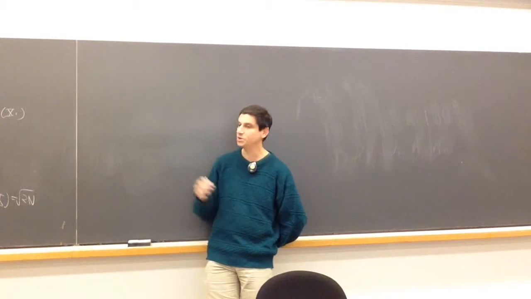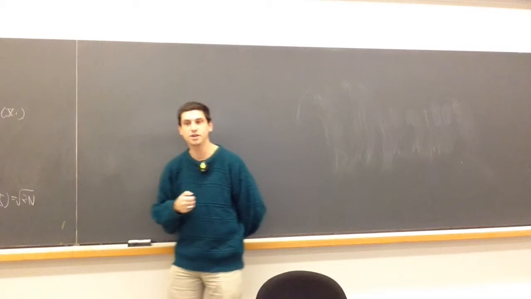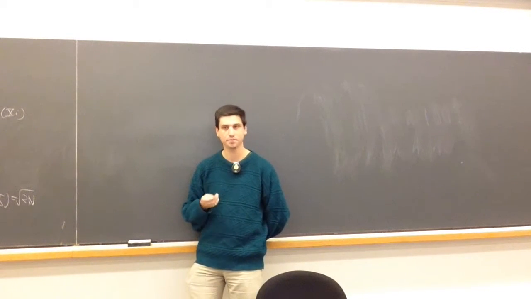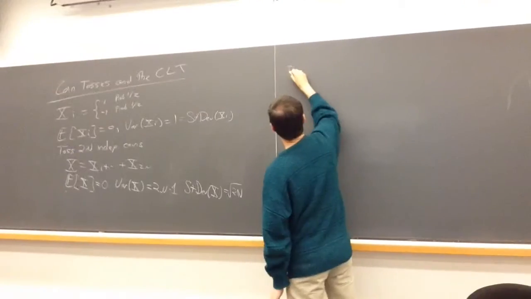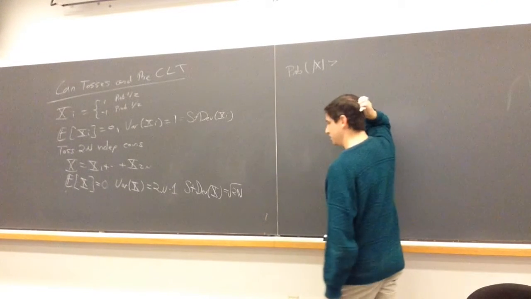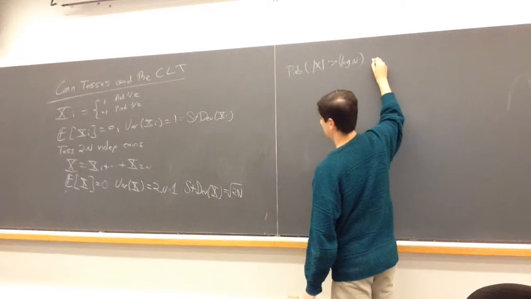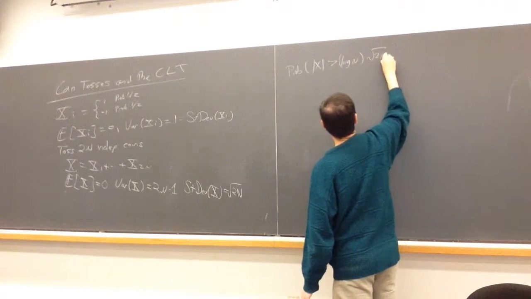But if we start going a little bit above the standard deviation, if we go something that's growing with n, then Chebyshev will be pretty good. So for example, what is the probability that the absolute value of x is greater than log n times the square root of 2n?